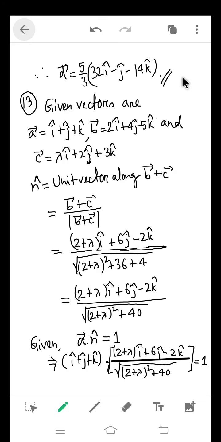So now the calculation plus left, तो इसमें देखो 2 plus lambda plus 6j minus 2k है, तो कितना आएगा?